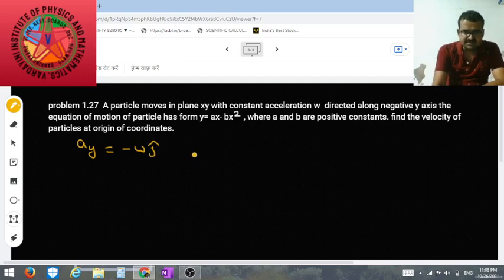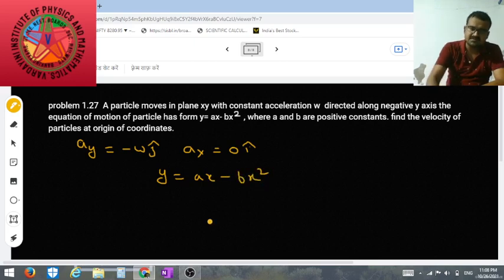And if acceleration in the x direction is not given, it can be assumed to be 0, so it is 0 i cap. One equation is provided here, that y is equal to ax minus bx squared. So let us write down that equation: y equals ax minus bx squared.